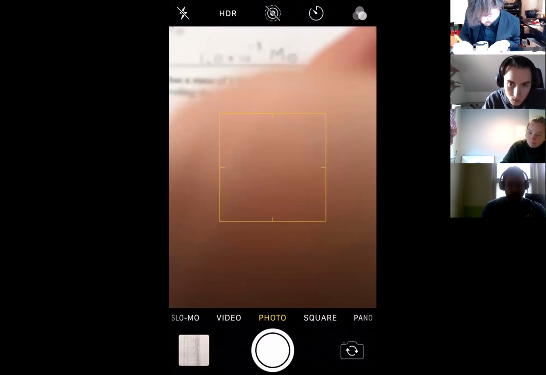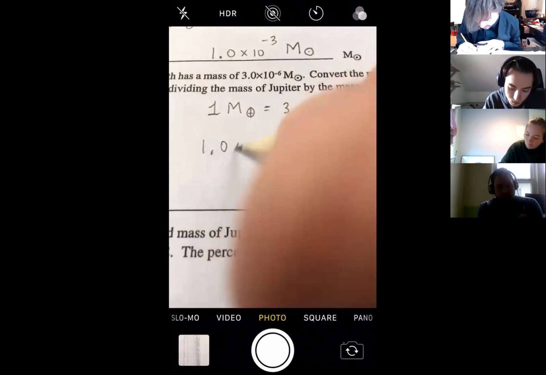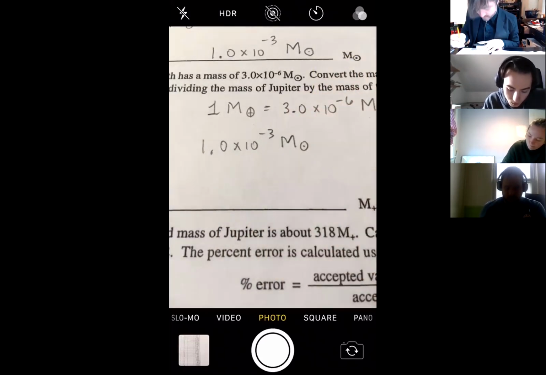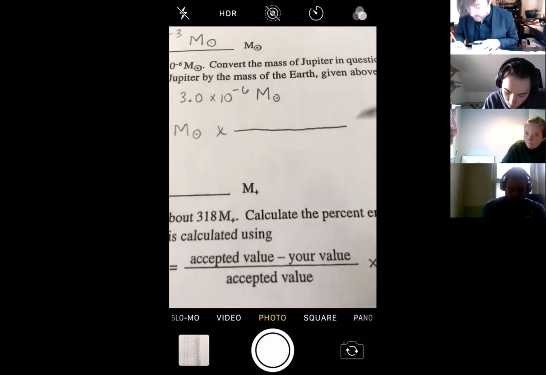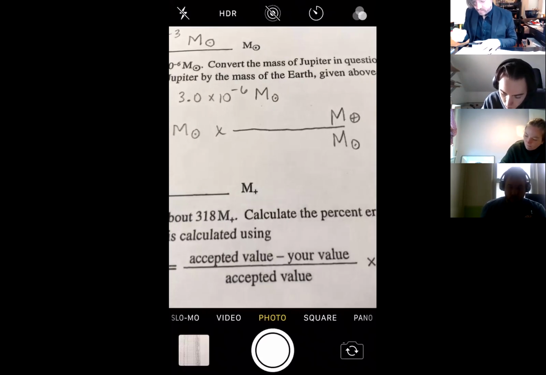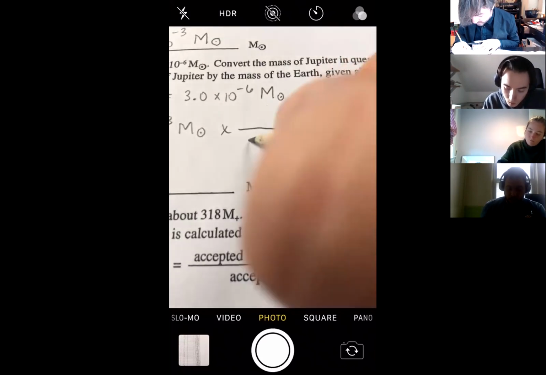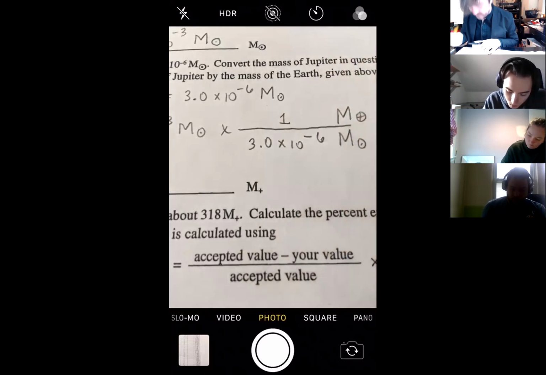So we'll start off with 1.0 times 10 to the minus 3 solar mass units. We're going to multiply by a long division bar. We'll put solar masses on bottom, Earth mass units on top, and we will get 1 Earth mass is 3.0 times 10 to the minus 6.